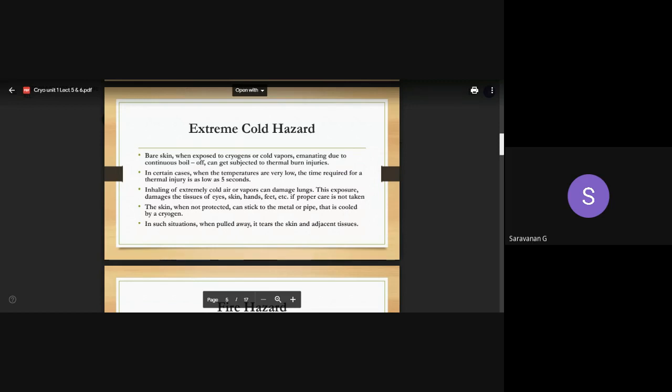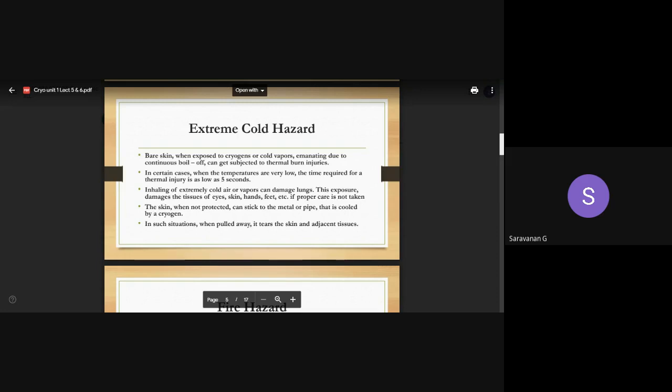When it is pulled away, it tears the skin and adjacent tissues. If you try to pull it away, the cryogenic fluid tends to tear the skin as well as the adjacent tissues. So that is very important.